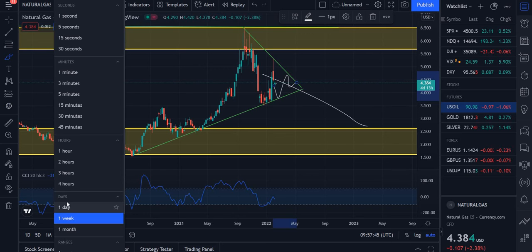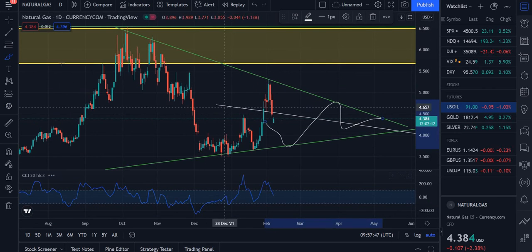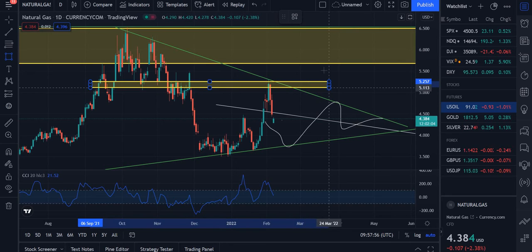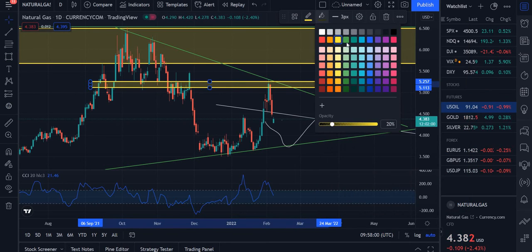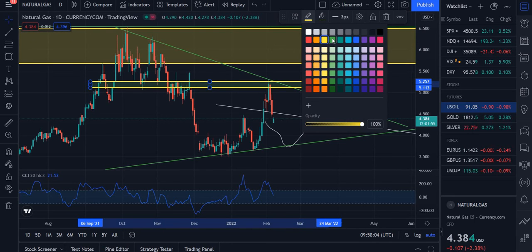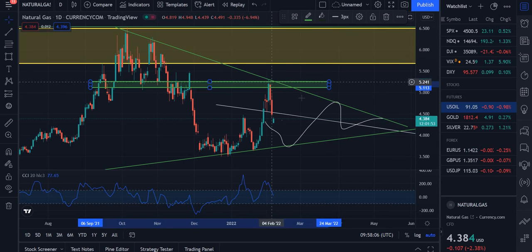Quickly checking the daily, so here was also a smaller one, so here at the trend line, this zone that we got rejected of, and now heading to this line.